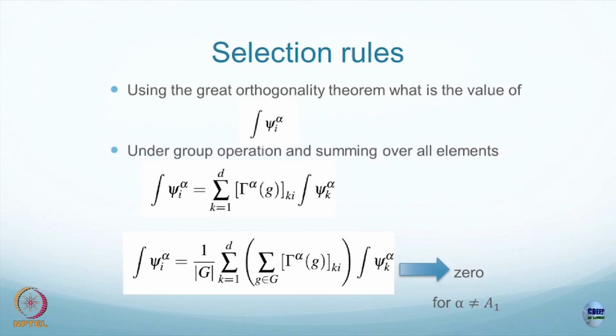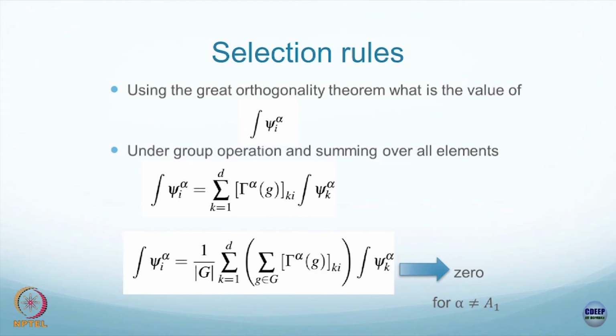Now tell me, if I just look at this one, you can use this great orthogonality theorem, taking the other irrep to be your unit representation, then you will get delta alpha A1. Why?